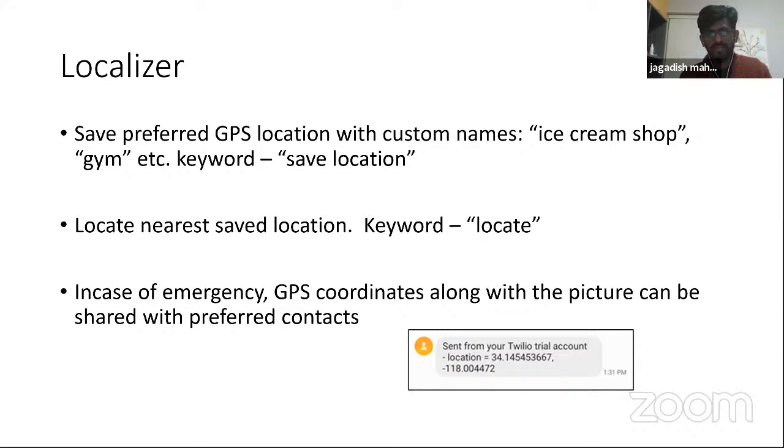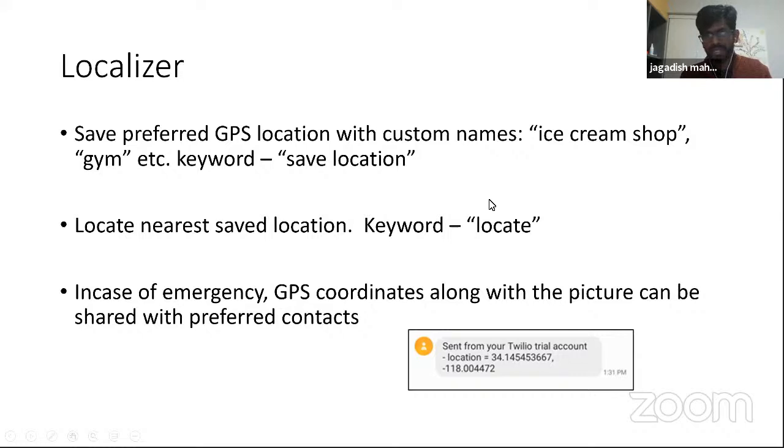For example, if the user goes to particular locations often, let's say a grocery store, a Walmart, or an ice cream store, when they're at that location, they can request the system to save the location with their preferred name. It could be Walmart, or an ice cream spot, or even a friend's place. And the coordinates can be saved using the voice command.